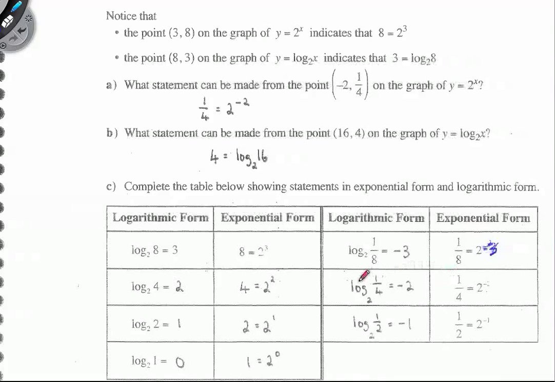Log of a quarter base 2 is negative 2, or 1/4 in the exponential form equals 2 to the negative 2. And then log of a half base 2 is negative 1, so a half equals 2 to the negative 1. Notice the trend here in going from 8 to 4 to 2 to 1. The values are going from 3 to 2 to 1 to 0.